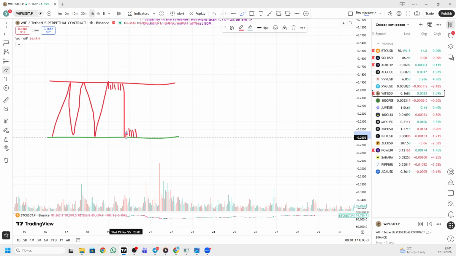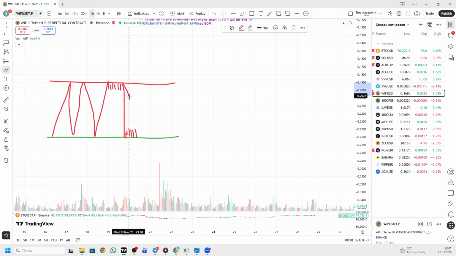So I just want to recap a little bit. So this is a level of support, the green one. This is the level of resistance. Okay, and the asset moves between them. If it comes to the level, consolidates there, and the level is being defended, so we trade the bounce short here.